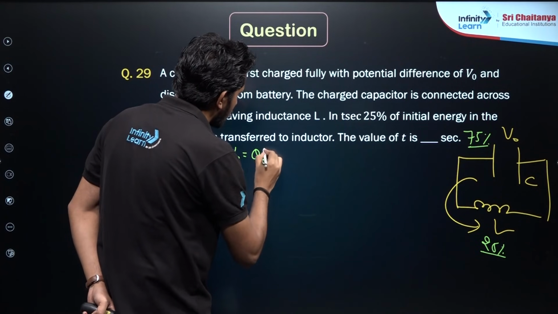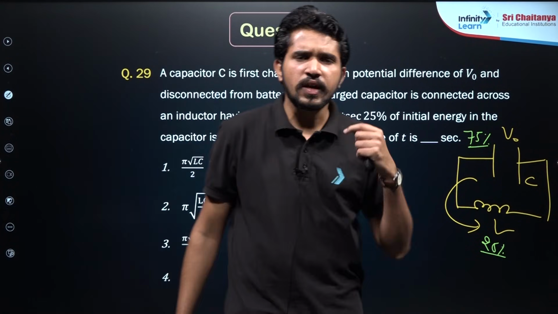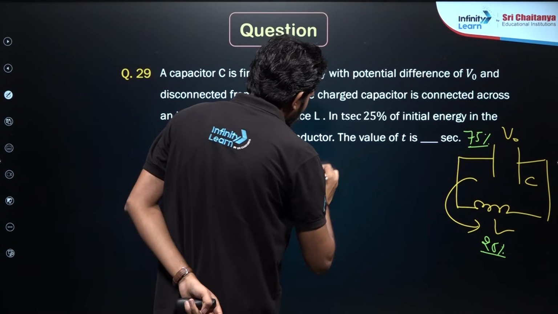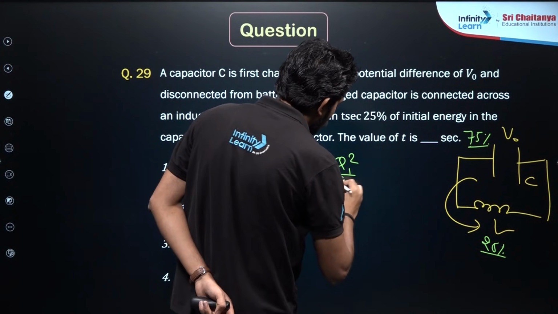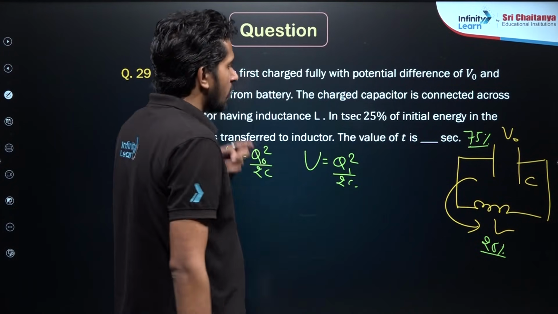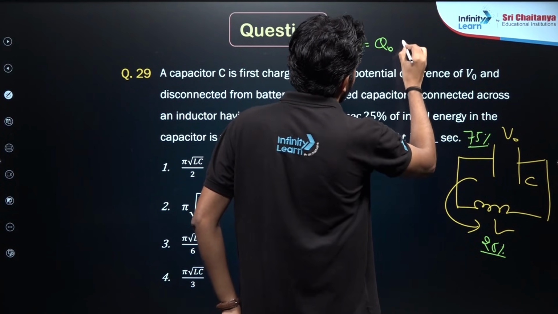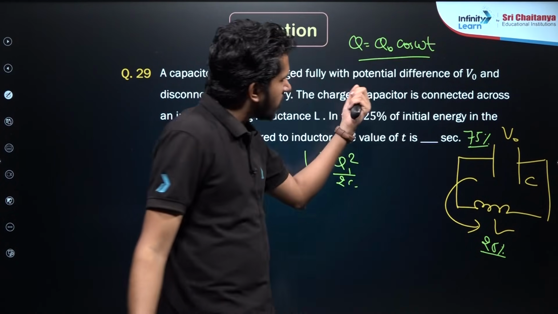You note initial values, initial energy would be what? Q naught square by 2C. Let's say initially it had Q naught charge. Now U will be what? Q dash square by 2C. Simple. And this Q is Q naught cos omega t. Why am I not taking sin omega t?